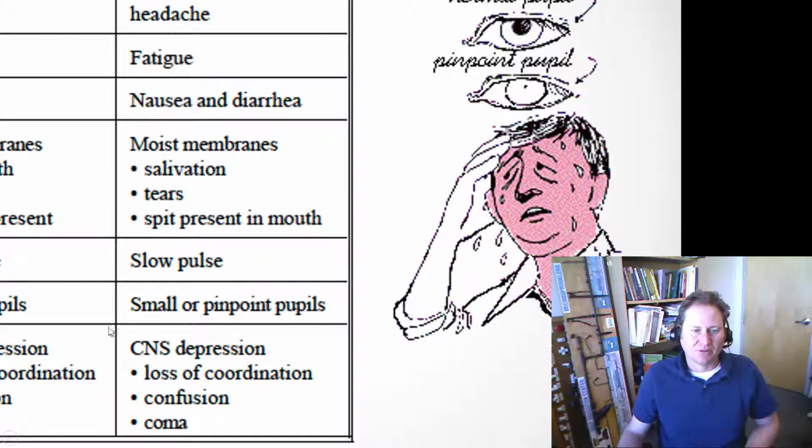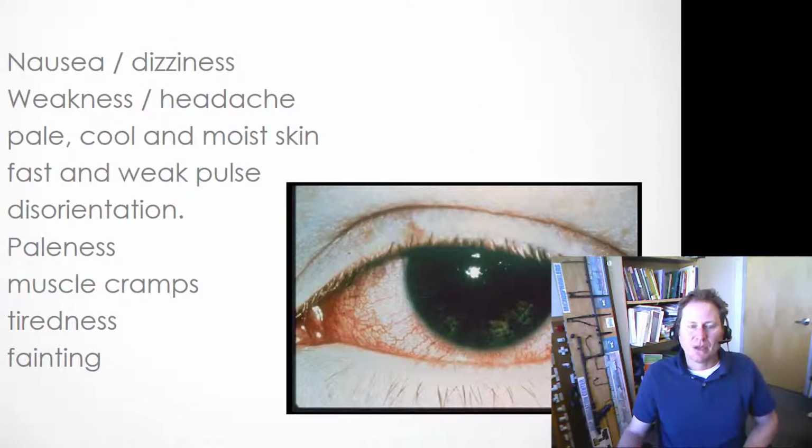If you go down through this list, fast versus slow pulse, dilated, which are large pupils, or small or pinpoint pupils, and then loss of coordination, confusion, fainting, or coma. And so the main key differences are right in this area. You need to know these and be prepared to act accordingly. So heat exhaustion. We went over these in the previous slide.